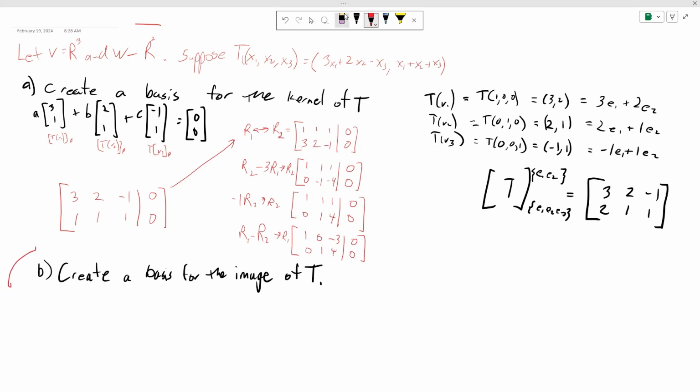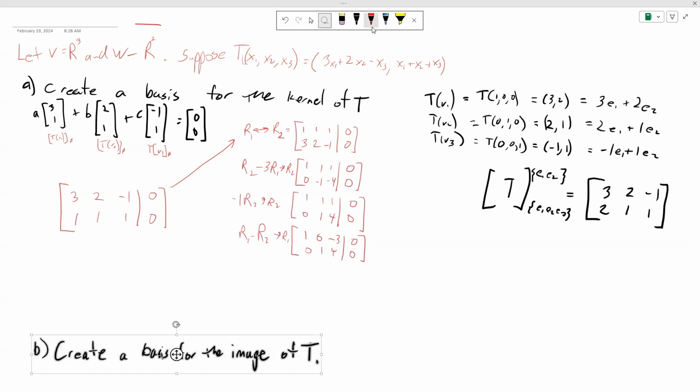Now this gives me the equivalent system of equations: A minus 3C equals 0, and B plus 4C equals 0.